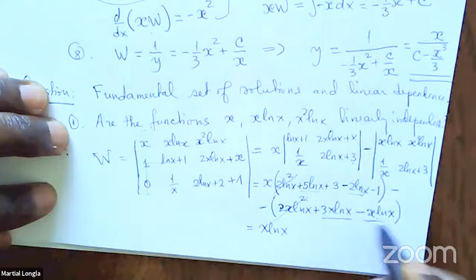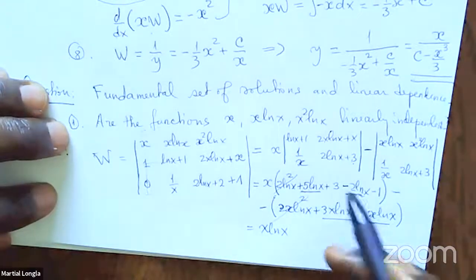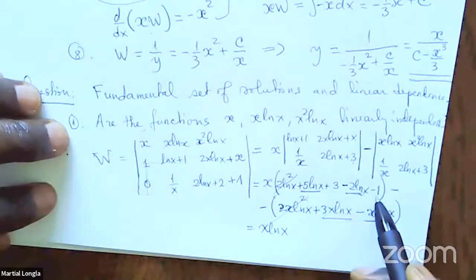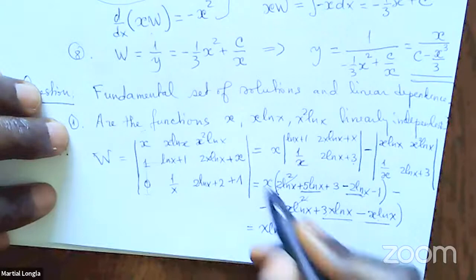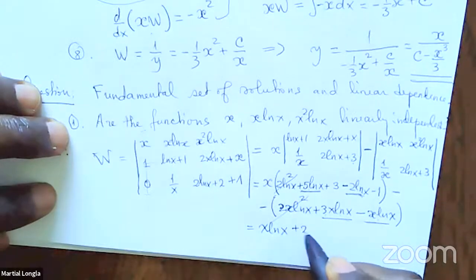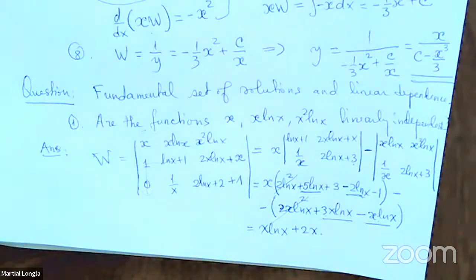And so you have these taken care of. And you remain with 3 minus 1. That is 2. So 2x. That's it.